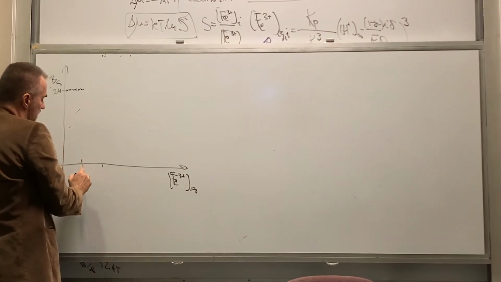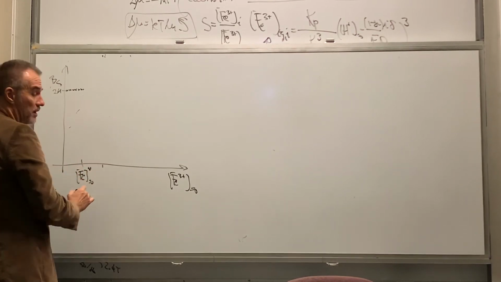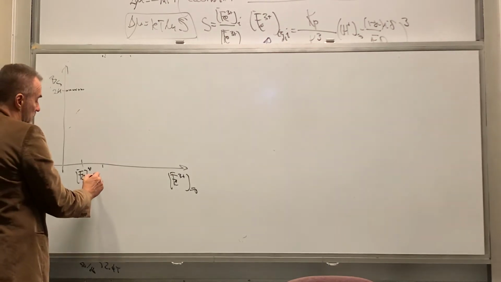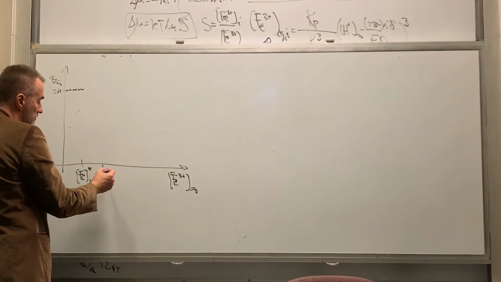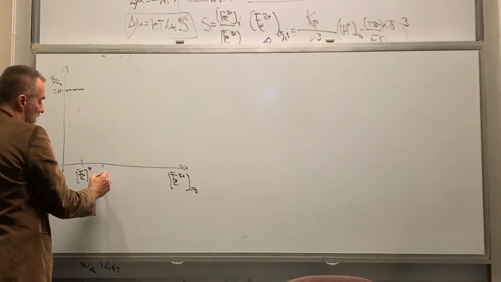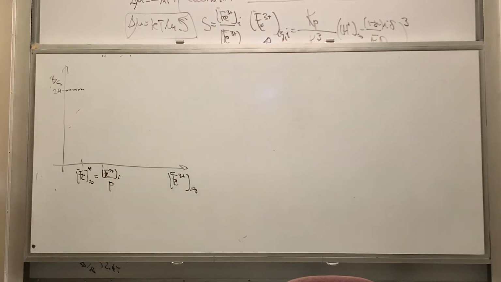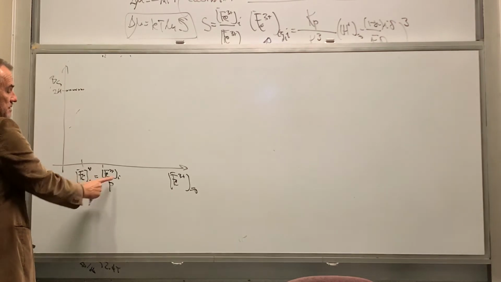At one point, when we exceed a certain concentration, I'm going to put star in the bulk, and this star in the bulk is equal to, if you really want to know, the Fe 3 plus concentration at the interface divided by this P parameter, because P times this is equal to that.